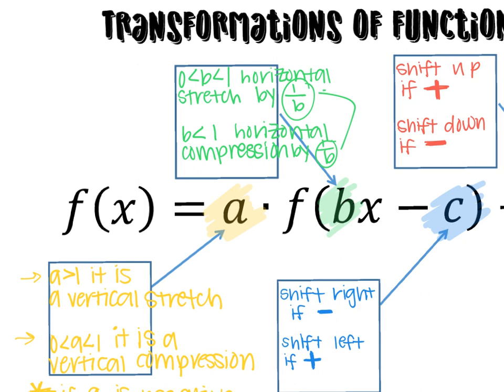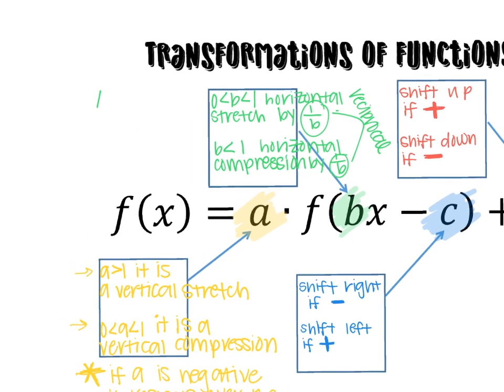One over B. And then there's a special rule for this one as well. If B is negative, it doesn't play into the reciprocal part of it.